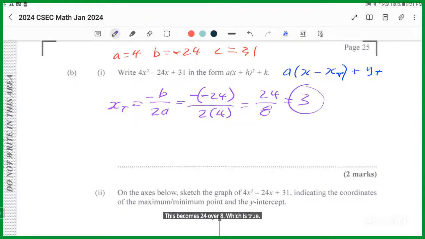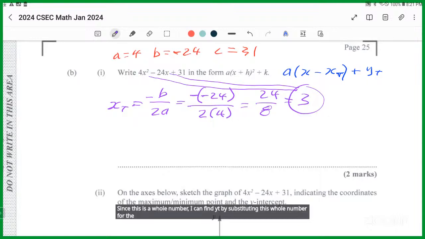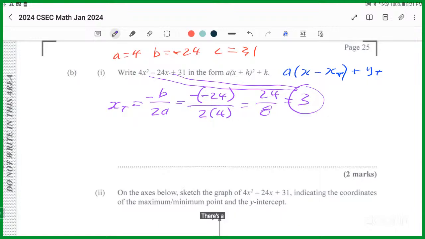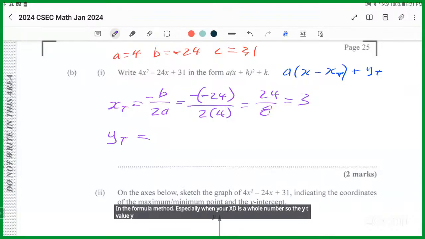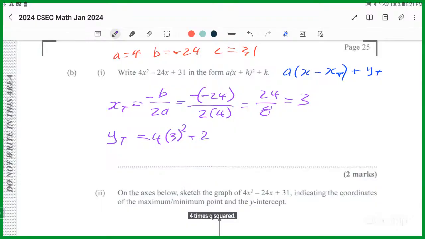Since this is a whole number, I can find yt by substituting this whole number for the x in the function. That's a quick way to find yt without using the formula method, especially when your xt is a whole number. So the yt value would be just 4 times 3 squared minus 24 times 3 plus 31.